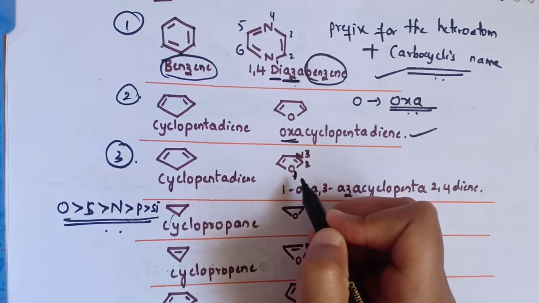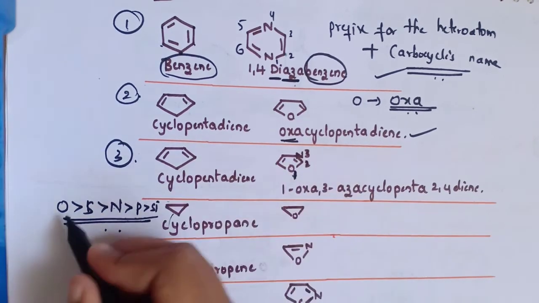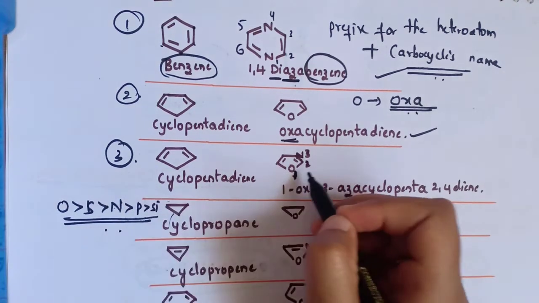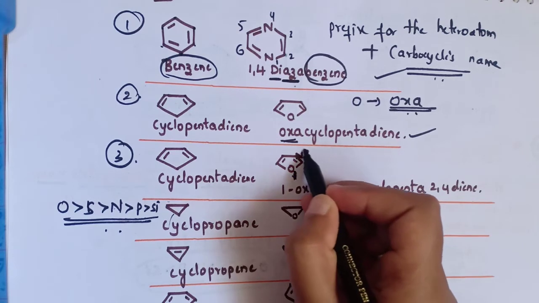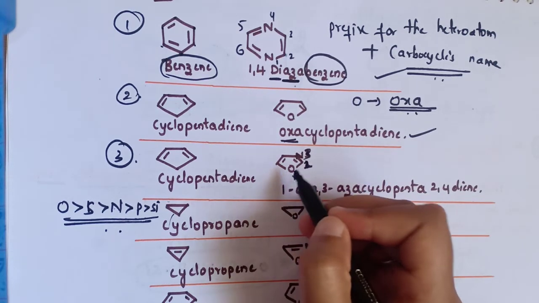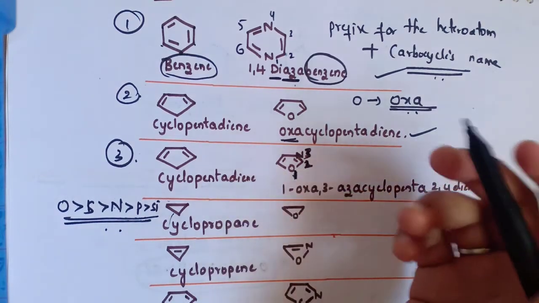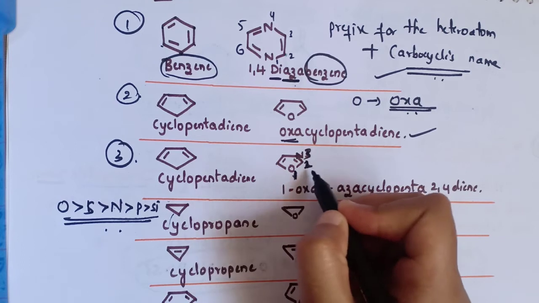By following the priority order, we should name these compounds. Here the oxygen is given the numbering 1, because it is highest in the priority order. Next is 2, next comes 3.